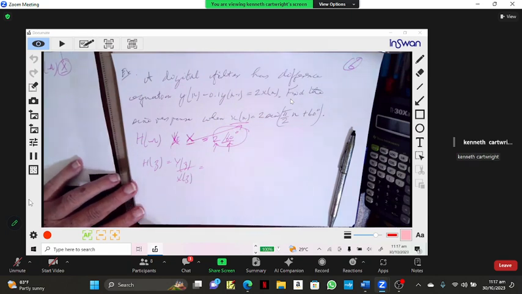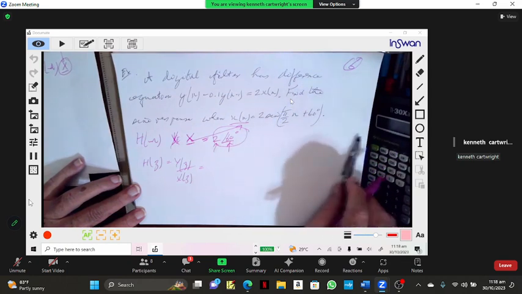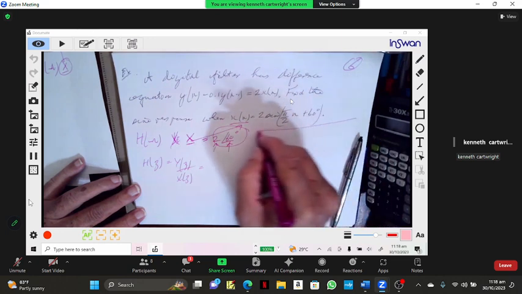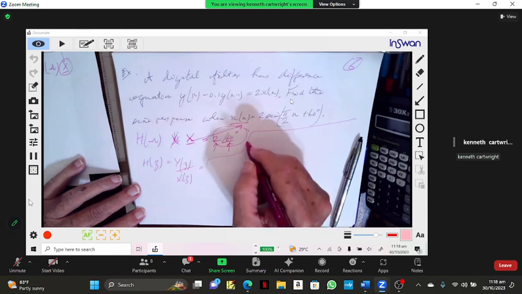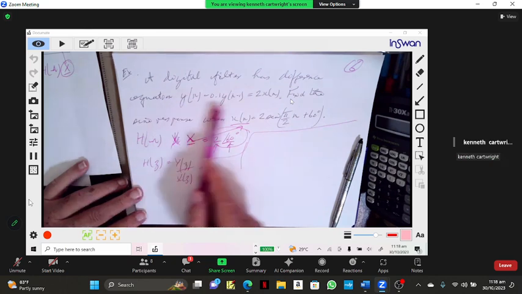Mr. Johnson, where'd you get that from? I was looking at the difference equation. Yes, look at the difference equation. Take the z transform of this difference equation for me. Y then becomes? But that's only for an FIR filter, right? No. You can find the z transform of any equation.